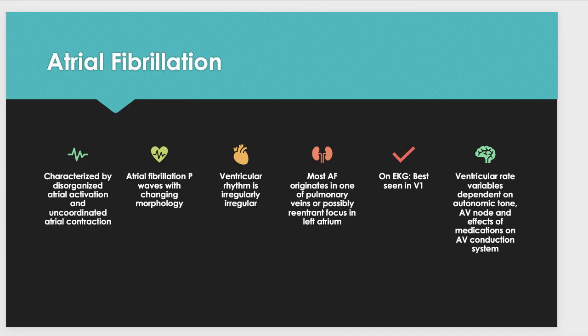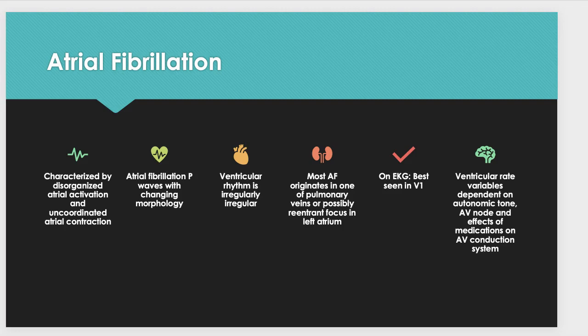Again, atrial fibrillation is characterized by disorganized atrial activation. You'll see on EKG that when you have atrial fibrillation, the P waves change in morphology. The ventricular rhythm is irregularly irregular.